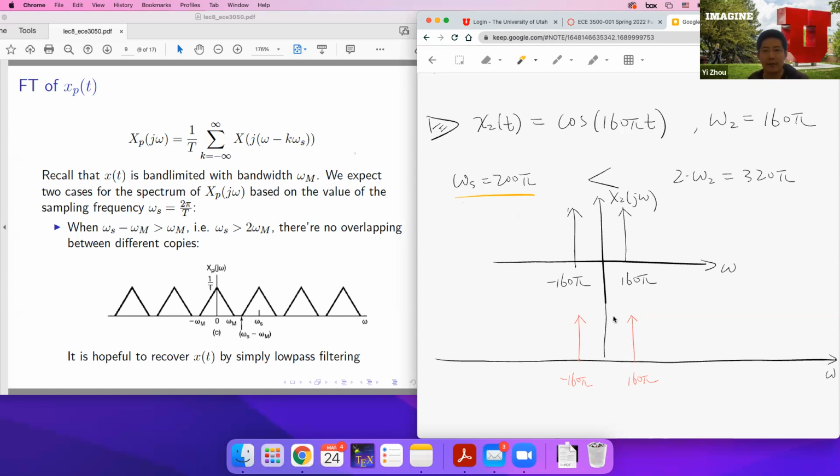So you will see that after shifting, you end up with these two arrows. One is 40 pi, and the other is 360 pi.